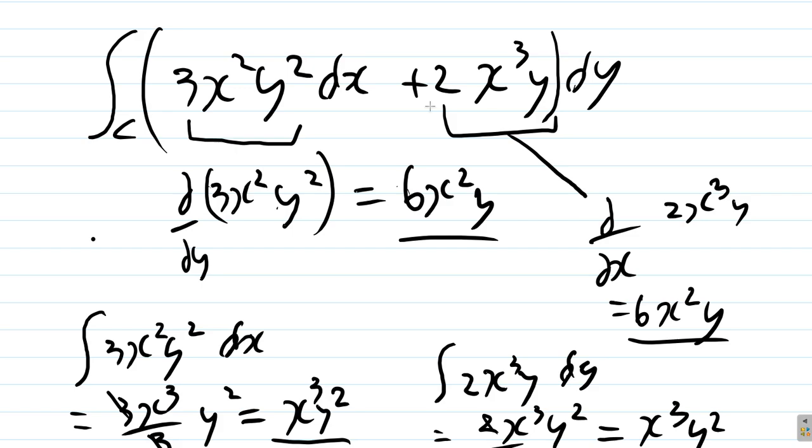Now, the thing about an exact differential is that it doesn't matter where you start and where you go to. What I mean by that, if you start here and come here, it doesn't matter if you go this direction or straight along here or this direction, right? It doesn't matter the path that you take, it will give you the same result.